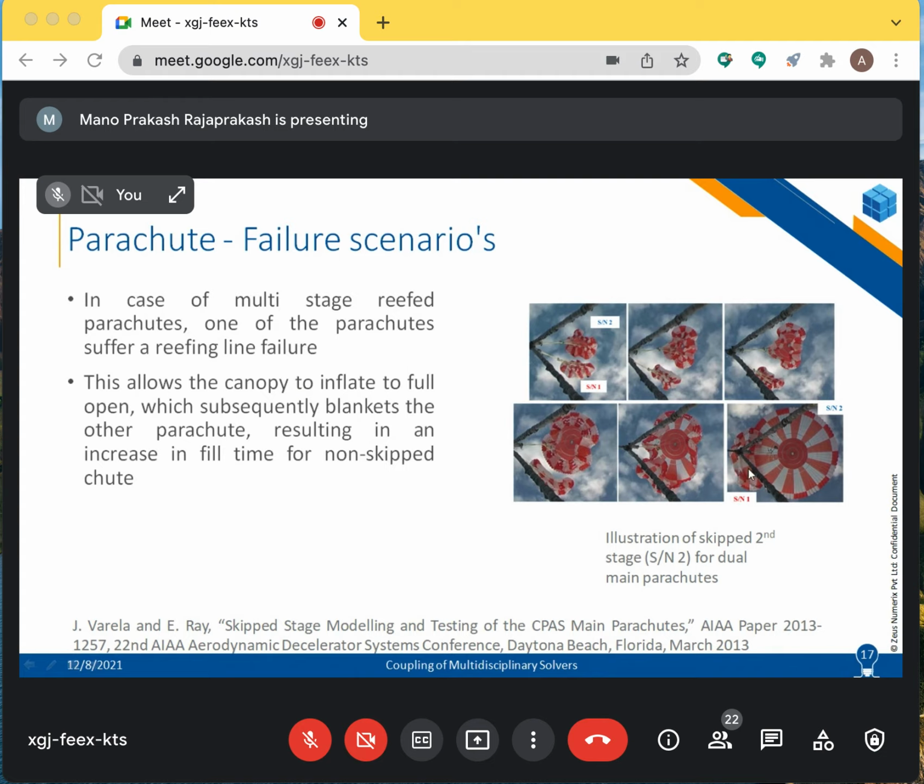So this serial number 1 parachute can actually take more time than it is supposed to take to reach its nominal state. So such scenarios have to be considered while developing the simulation model.